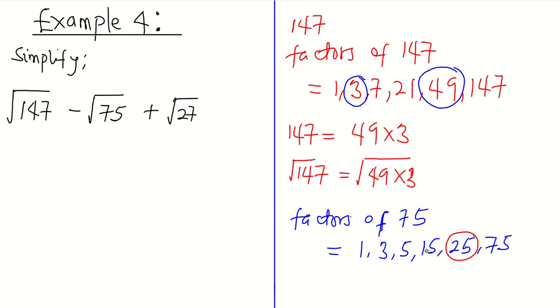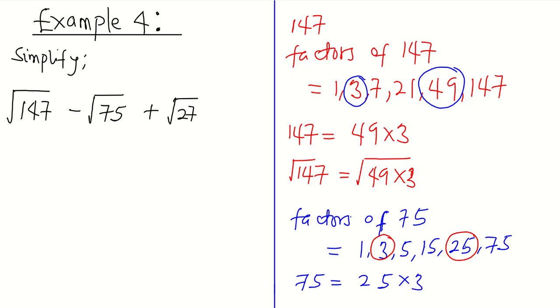Now we ask ourselves, what number among the factors of 75 that when multiplied by 25 we are going to get our 75? And that number here is 3. So when 3 multiplies 25, we are going to get 75. And clearly we can see that 3 is a non-perfect square and 25 too is a perfect square, which means our 75 is now equal to 25 times 3.